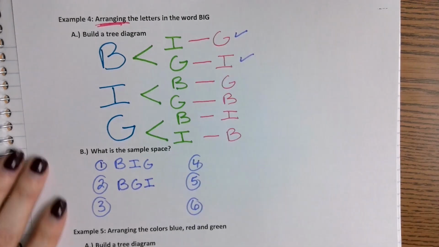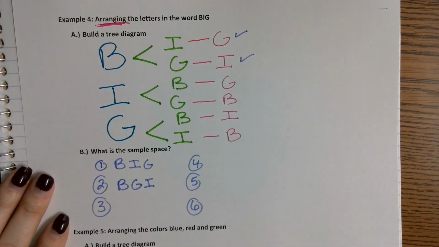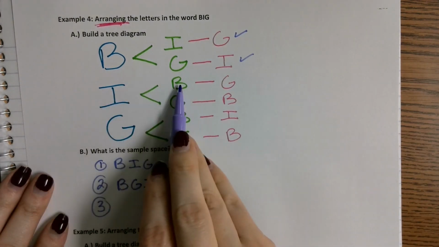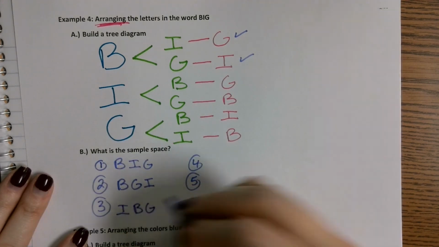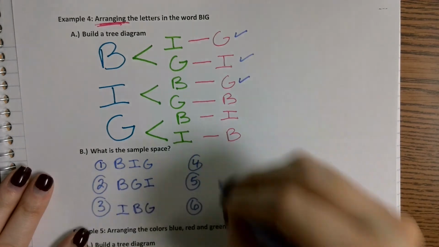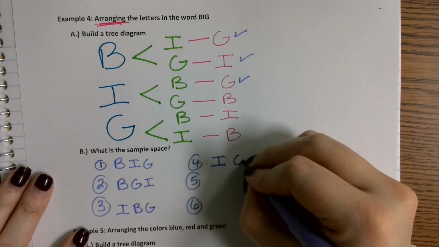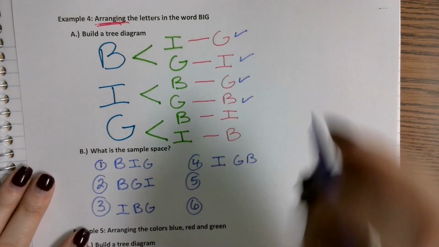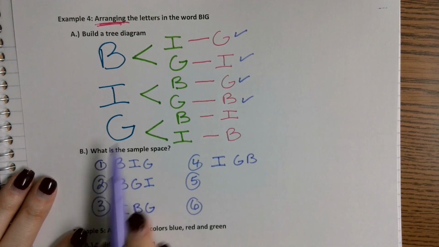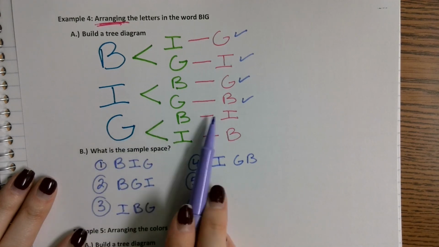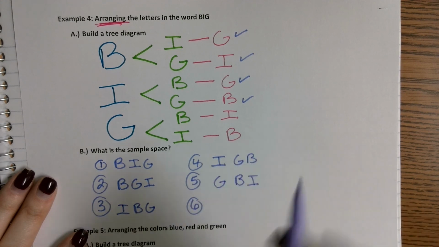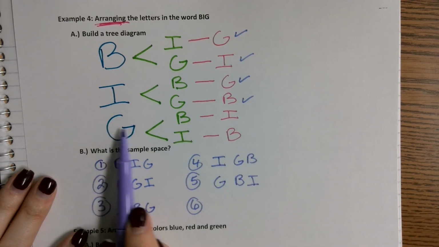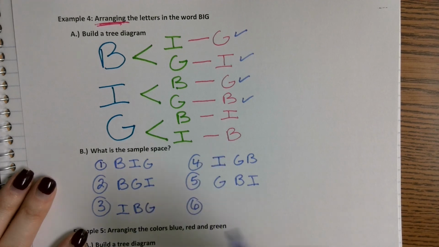My third possible arrangement, I, B, G. The next one, I, G, B. Good. Fifth arrangement, G, B, I. And the last arrangement, G, I, B.